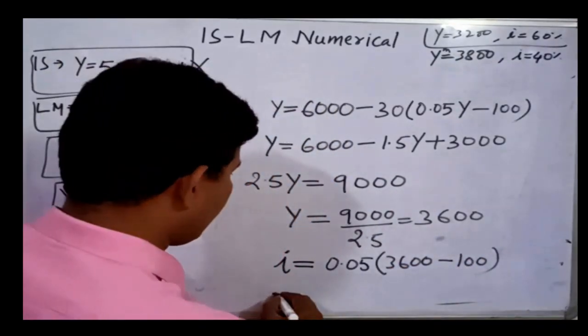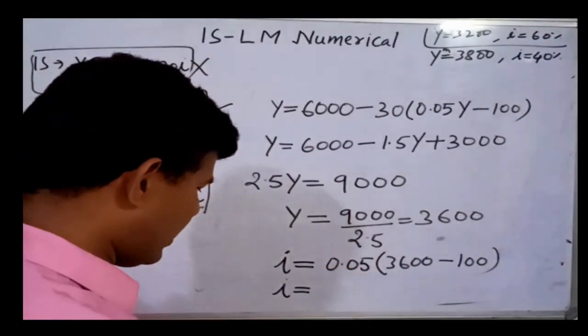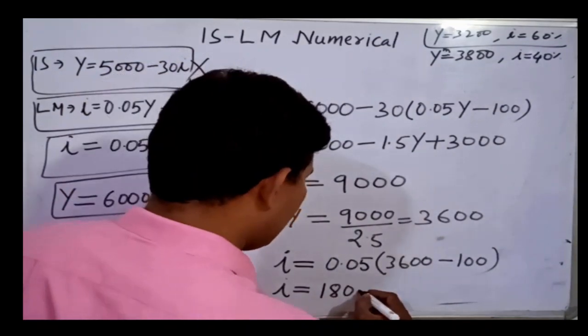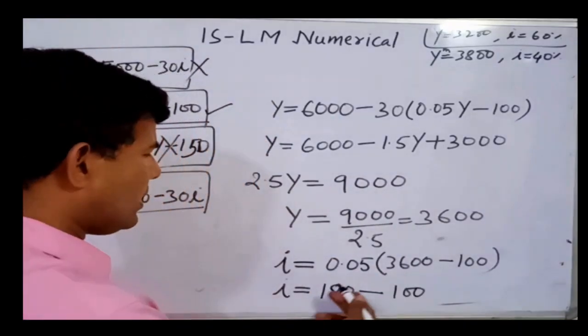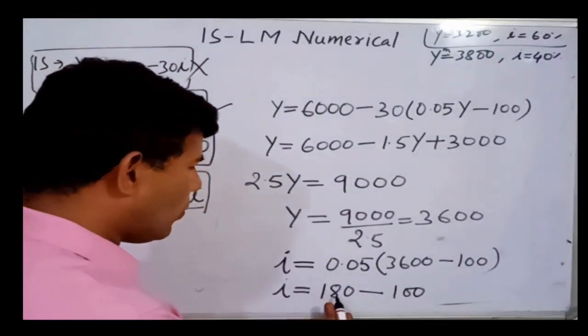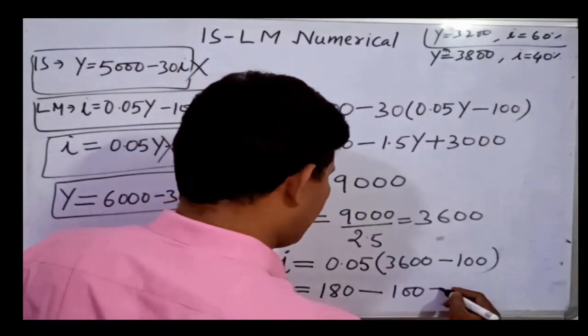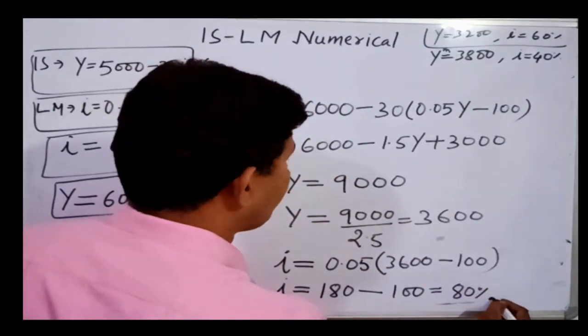If you solve, you get i is equal to 180 minus 100, and that gives us 80. Since it is interest rate, I am writing it as a percentage.